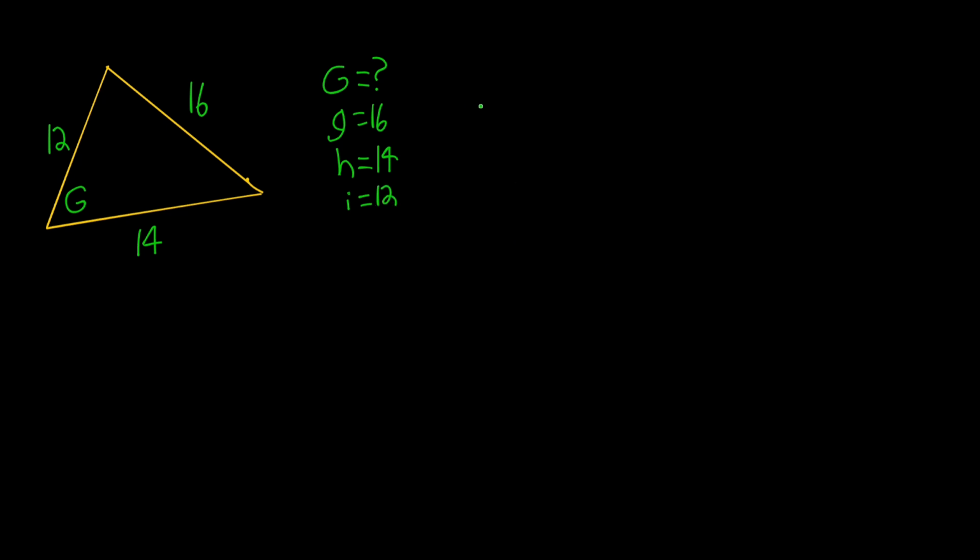So we're going to start by writing out a formula. g squared is equal to, we have the two other sides, so h squared plus i squared minus 2hi cosine of G. So we'll do some rearranging to start us off.